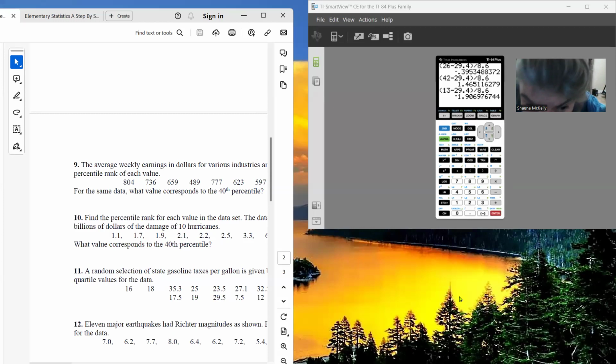So what I'm going to do is put those data in my calculator.